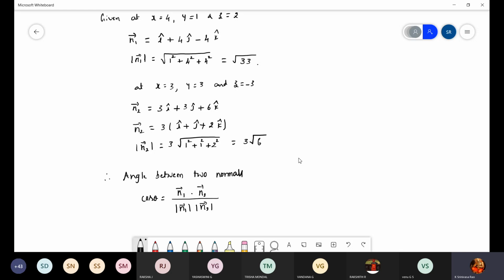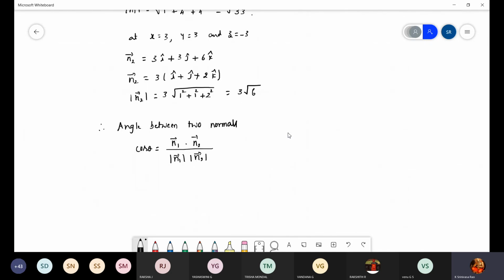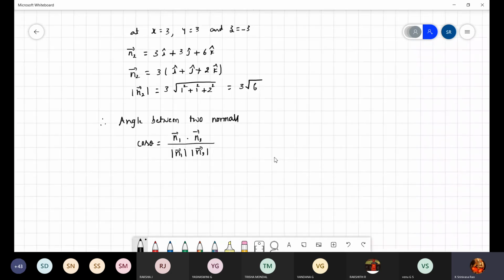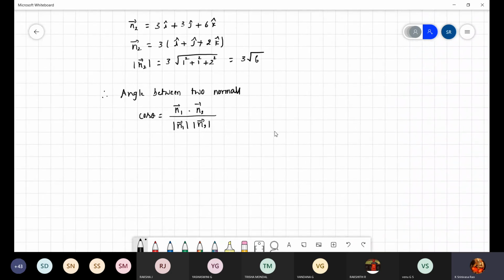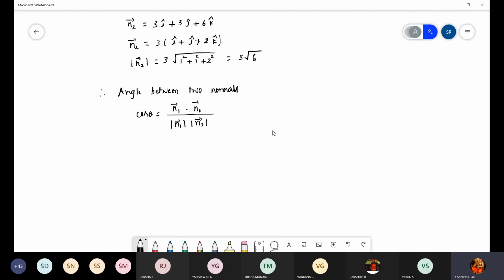I told in the last class also, simplifying the problem is very simple, like differentiation. But you should be perfect with the vector concepts: angle between two vectors, unit vector. Whatever they give, unit normal, unit velocity, unit acceleration, they will change the question, but you should understand the basic definition.